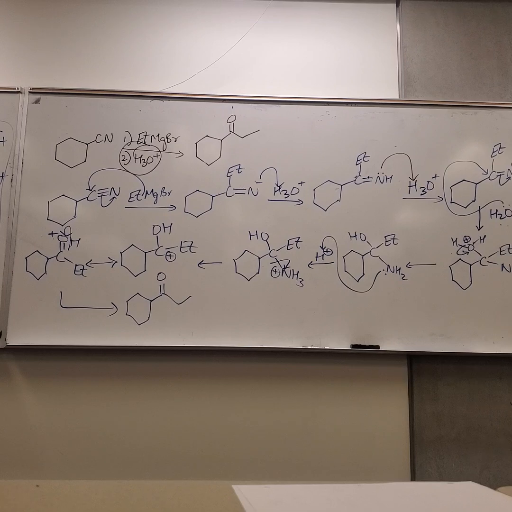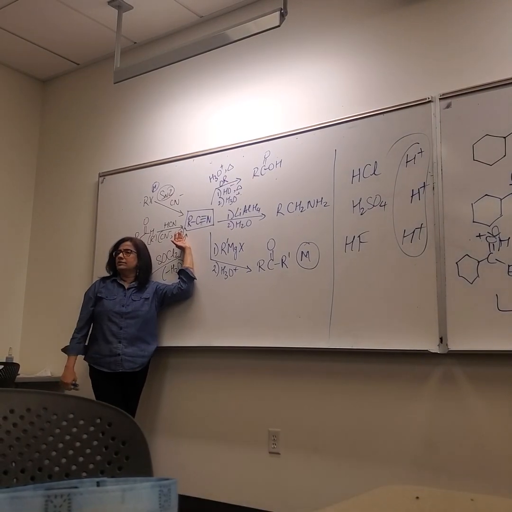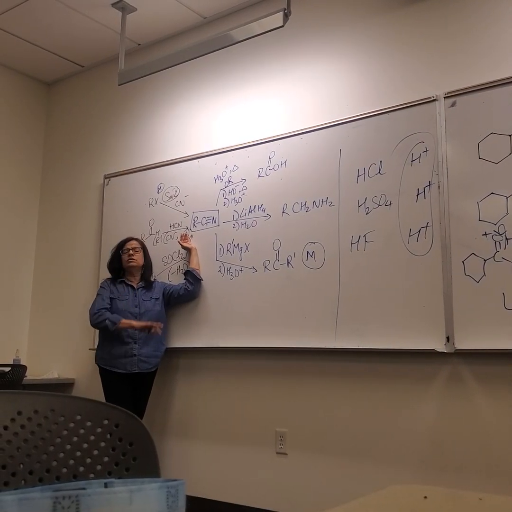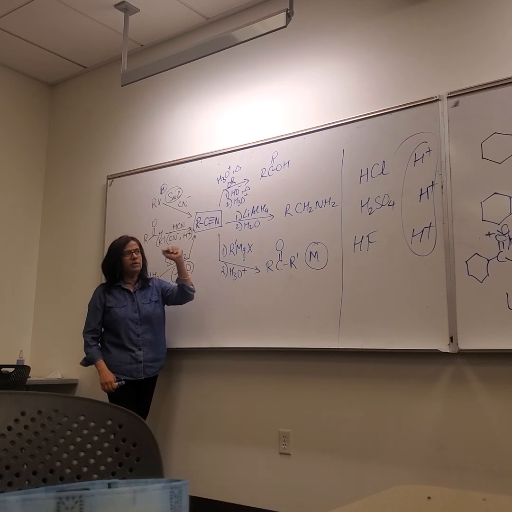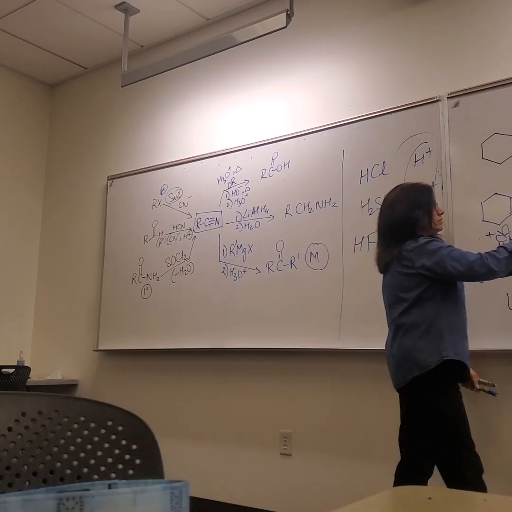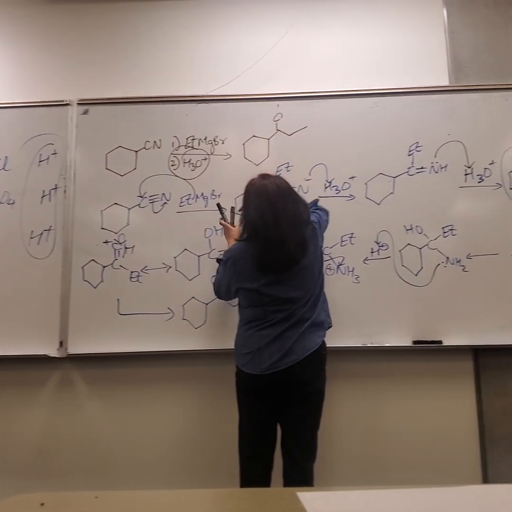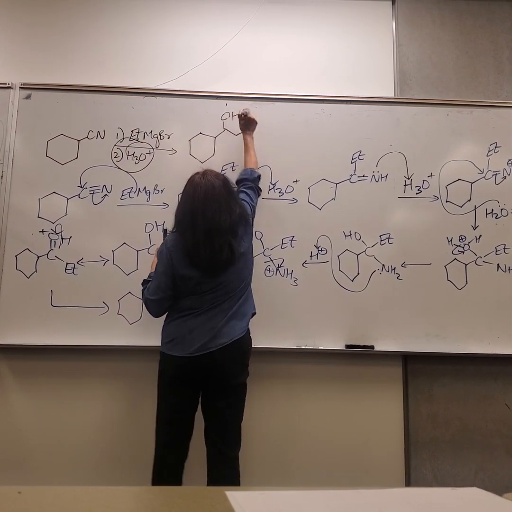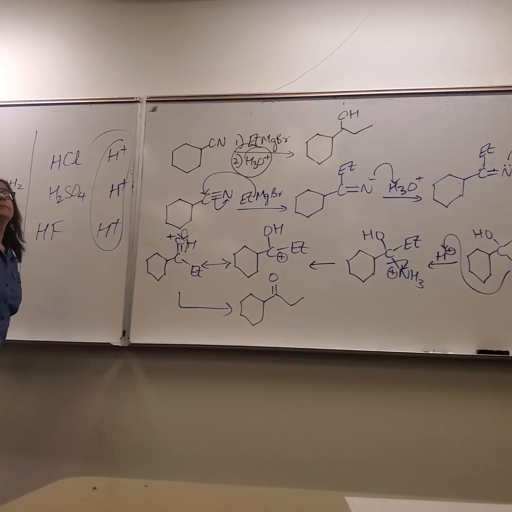Now, is there any way you can get an alcohol from the nitrile reacting with the Grignard? If you think of the mechanism in front of you, and let's say we get an OH, is that possible? Yes.